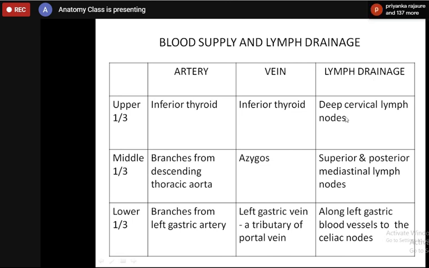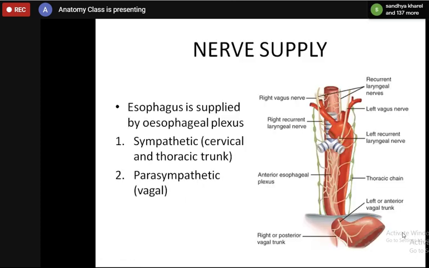So remember: deep cervical lymph nodes for the cervical part, superior and posterior mediastinal lymph nodes for the thoracic part, and via the left gastric vessels to the celiac node for the abdominal part. So this is about the blood supply and lymphatic drainage of the esophagus.